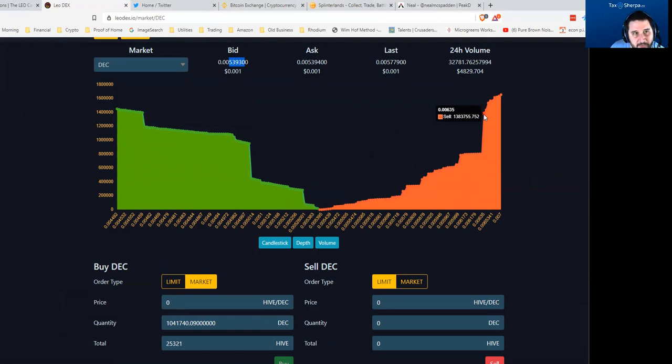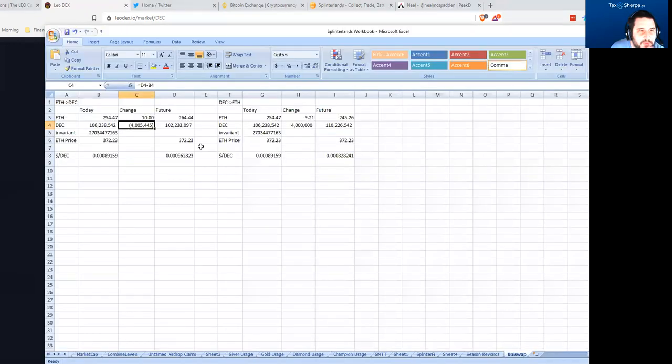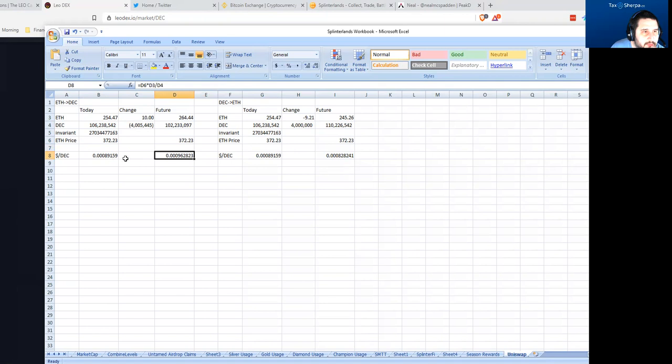That would shift the price by about 20%, as opposed to here, where we would shift the price by about 8%. That's the advantage of having a deeper liquidity pool.